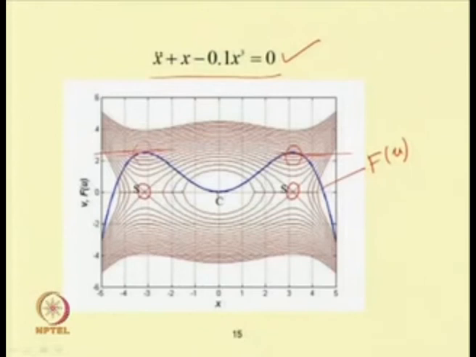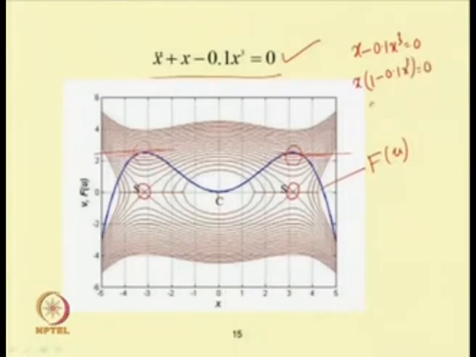To find the equilibrium points, we can put x double dot equal to 0, or our equation becomes x minus 0.1 x cube equal to 0. I can write, taking x common, x times 1 minus 0.1 x square equal to 0.